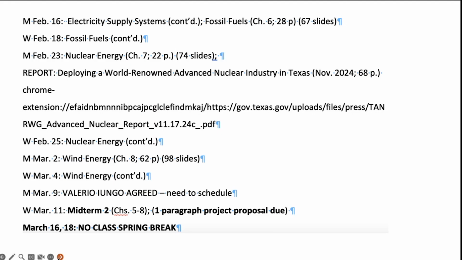You'll see that chapter 6 is a very short chapter, and that includes oil, natural gas, and coal. It's a remarkably short chapter because the spotlight is on renewable energy now, but we'll spend a little extra time talking about it. Then we get into a very interesting field, nuclear energy. Now, nuclear energy was going to be a panacea.